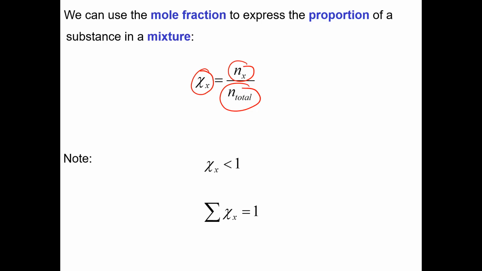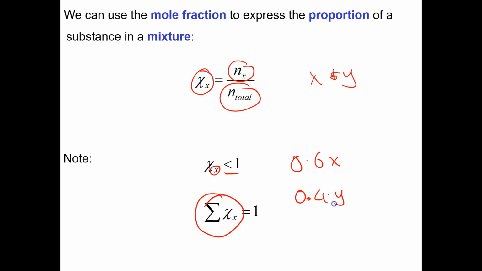And it's always worth noting that the mole fraction of some component X will always be less than 1, but when you add together the mole fractions of all of the components in a mixture, it will always add up to 1. So if we have a mixture of X and Y, and it's 0.6 X, then it must be 0.4 Y, because they have to add up to 1 in total.